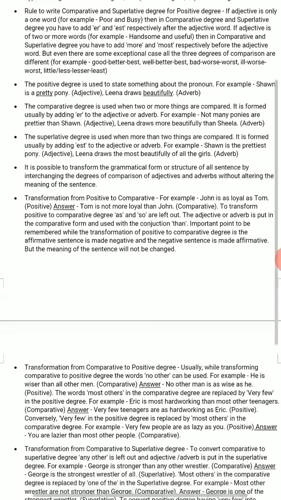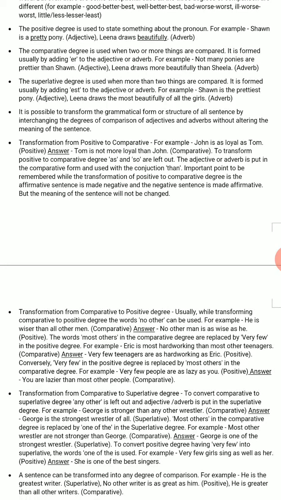Going further, students, next point. It is possible to transform the grammatical form or structure of a sentence by interchanging the degrees of comparison of adjectives and adverbs without altering the meaning of the sentence. This point is very important to know before any kind of transformation or changing of degree.